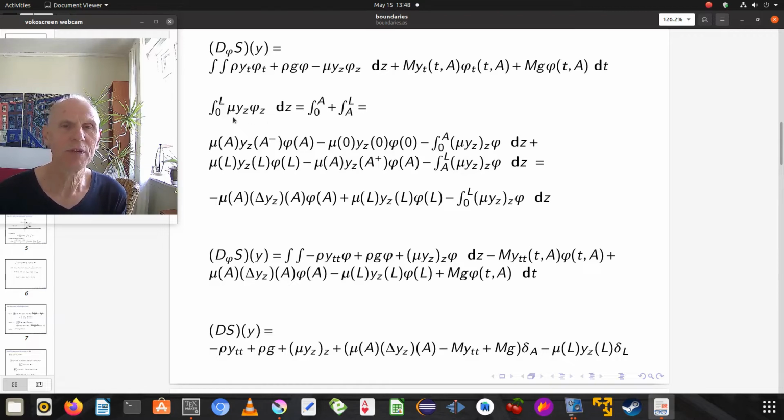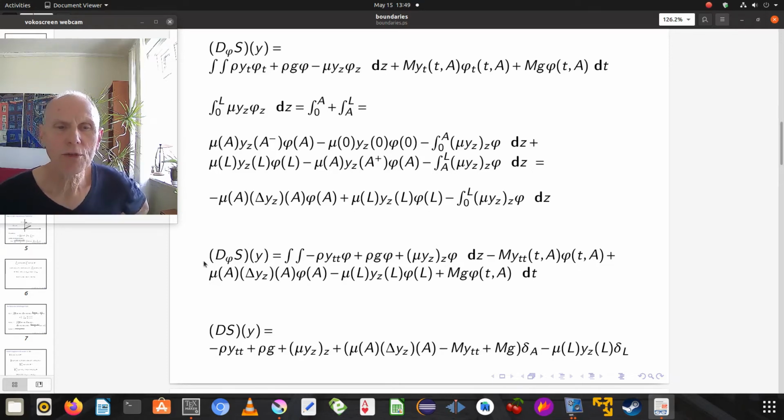And the same here at L minus the value at a and the partial integration. We need to see y_z at a from the negative side and here from the positive side. These two we put together to delta y_z at a. So this is what we get.